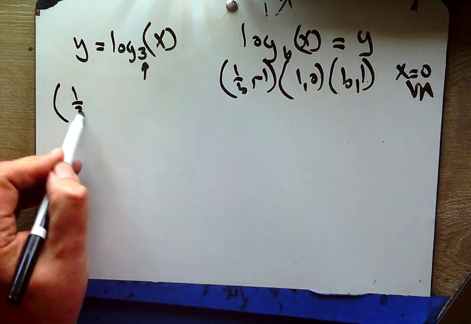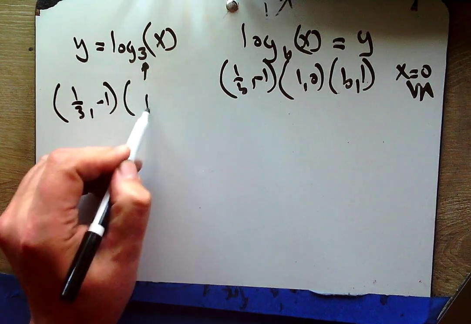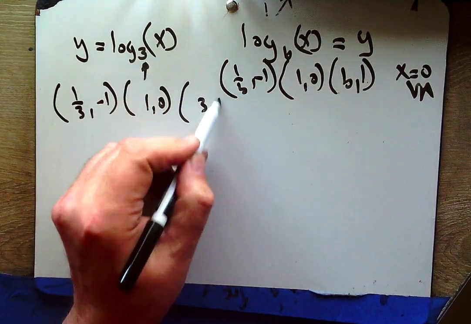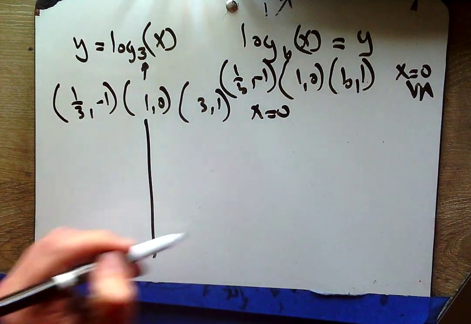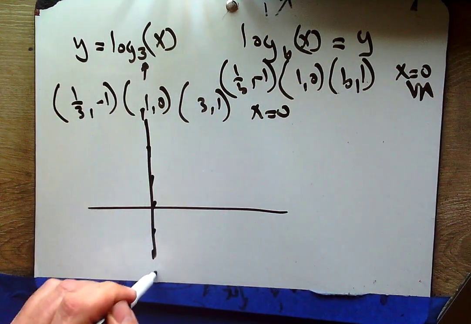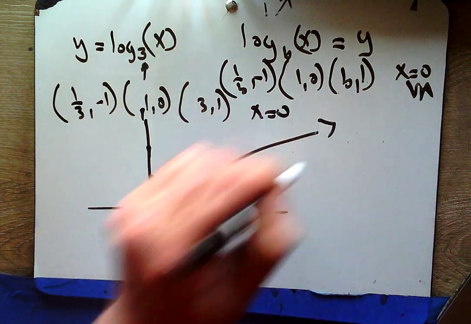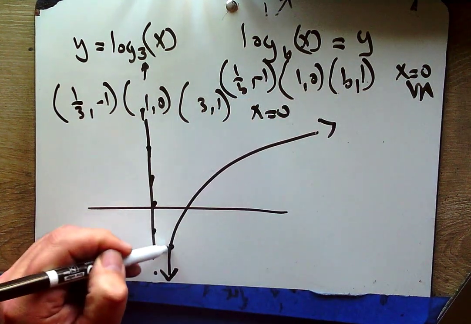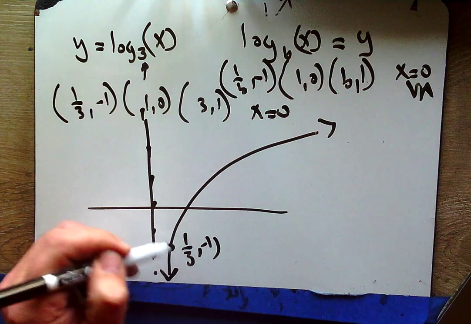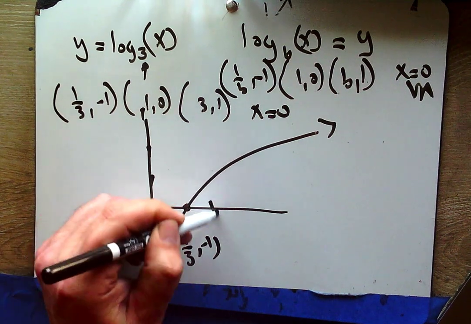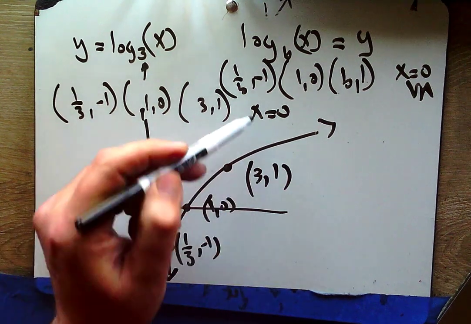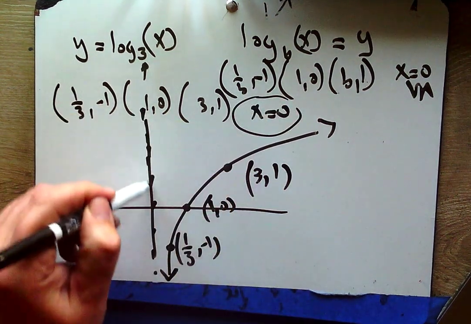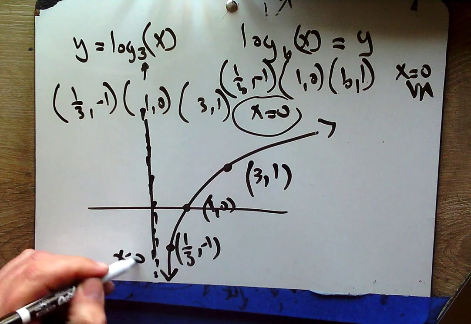So our graph has 1/3, negative 1; 1, 0; 3, 1; and x equals 0 for a vertical asymptote. And so I have 1/3, negative 1, 1, 0, 3, 1, and a vertical asymptote over here at x equals 0.